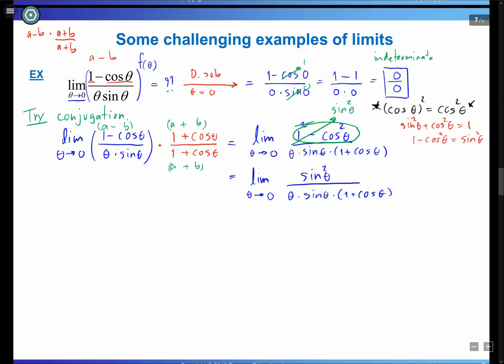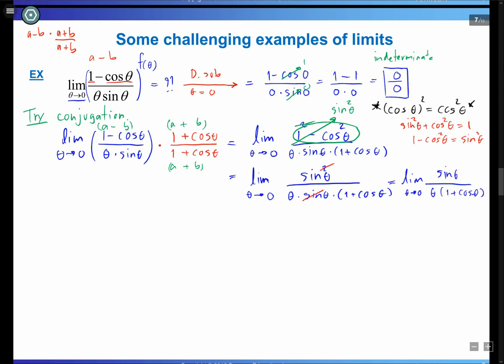Now at least we can cancel two of these terms, this sine theta right here and the square right here. At this point it's going to be equal to the limit as theta goes to 0 of sine theta divided by theta times (1 plus cosine theta). So the form is different now.